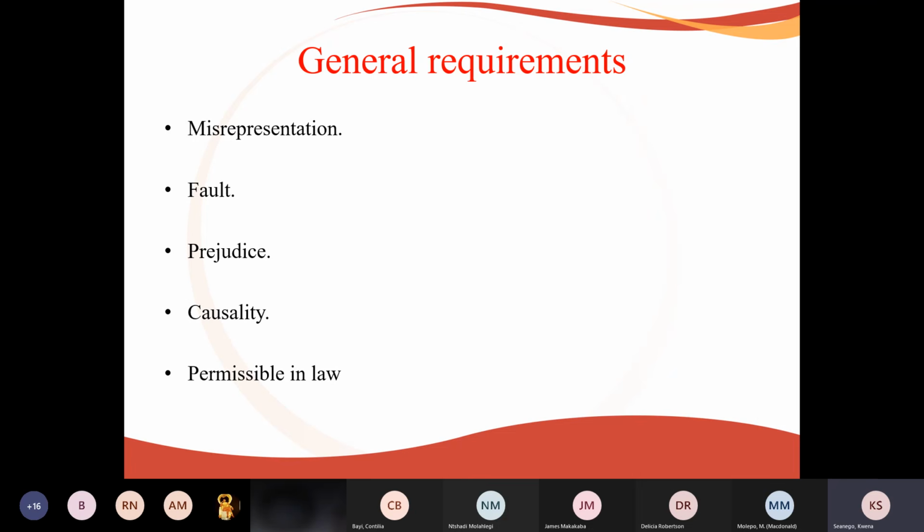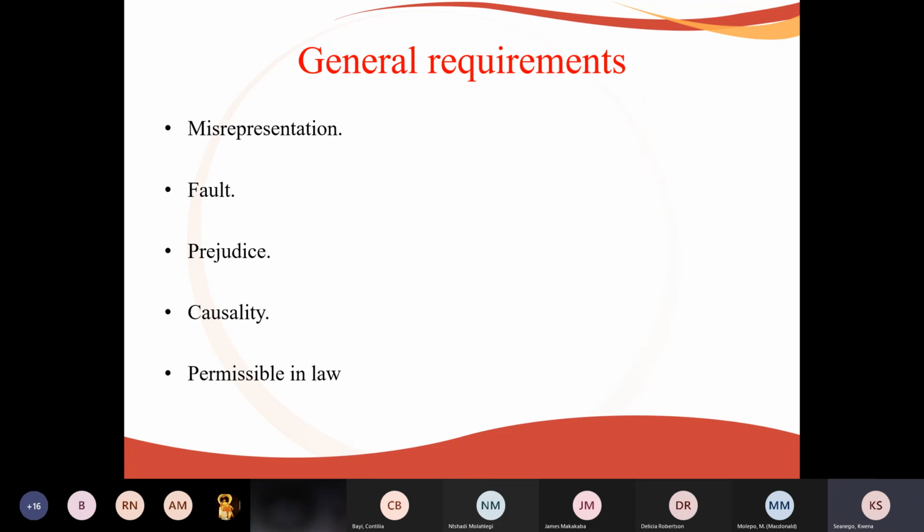For example, when we talk about prejudice, if we cluster the cases that we have under prejudice, you look at those cases and use those facts to test your knowledge.